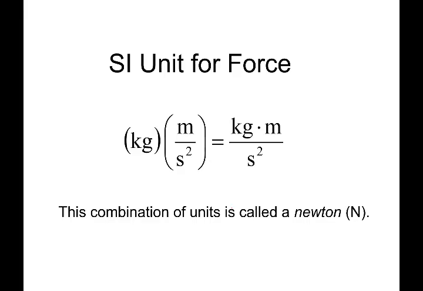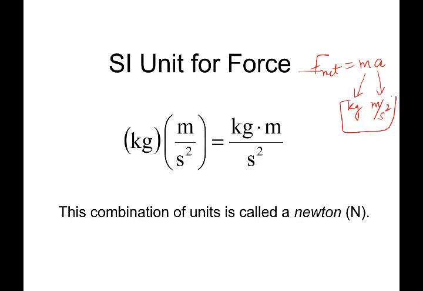And now comes the main part, the unit of force. We know now that force is equivalent to mass times acceleration. So the unit of force should depend on the units of mass, which is kg, and the unit of acceleration, which is meters per second square.